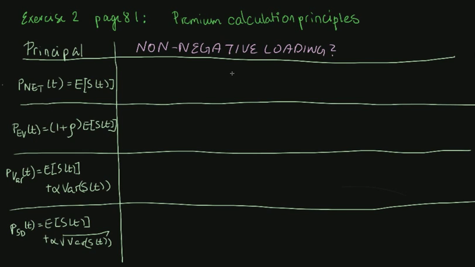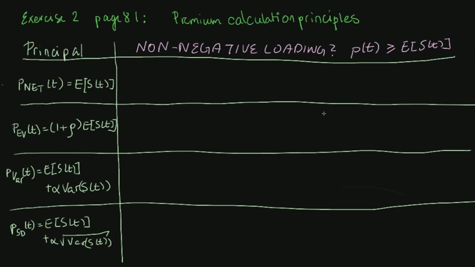So now we will try to check some of the theoretical requirements. The first one that we will look for is non-negative loading. Namely, does the principle in question satisfy that the premium we get upon calculation is greater than or equal to the expected value of the total claim size?